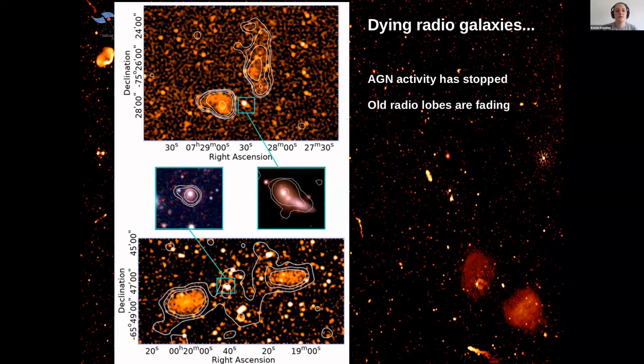And so the radio emission that was being produced and streamed out in the jets, there's nothing to keep powering it. So these lobes eventually die off and they become fainter and fainter. And we think we've found at least 2 within the survey.